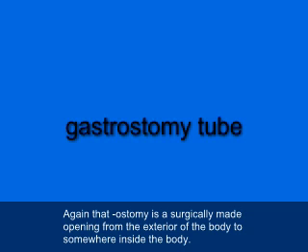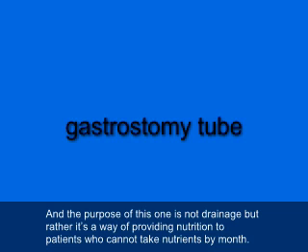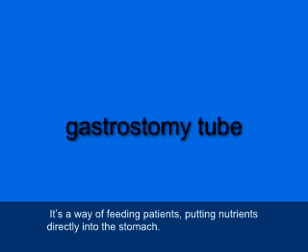Again, that ostomy is a permanent or surgically made opening between the exterior of the body and somewhere inside the body. In this case, a gastrostomy is going from the exterior of the body to the stomach. And the purpose of this one is not drainage, but rather it's a way of providing nutrition to patients who cannot take nutrients by mouth. So it's a way of feeding patients, putting nutrients directly into the stomach.